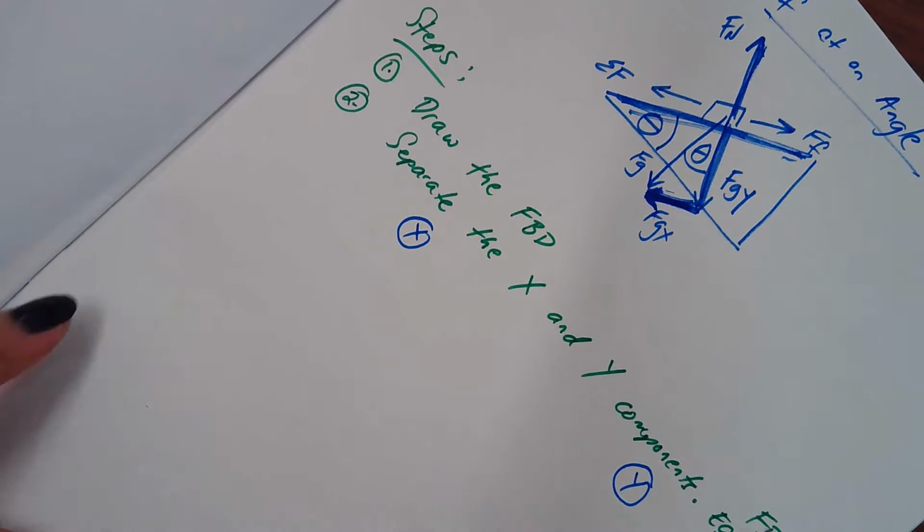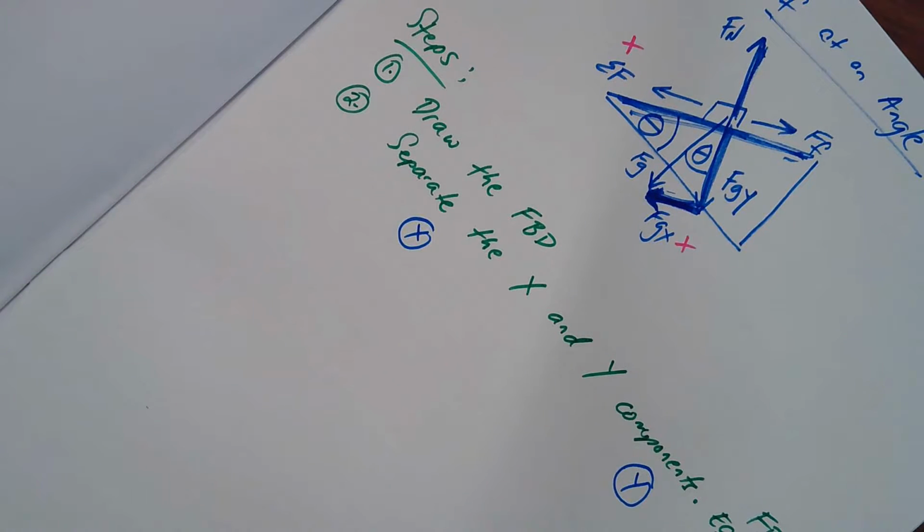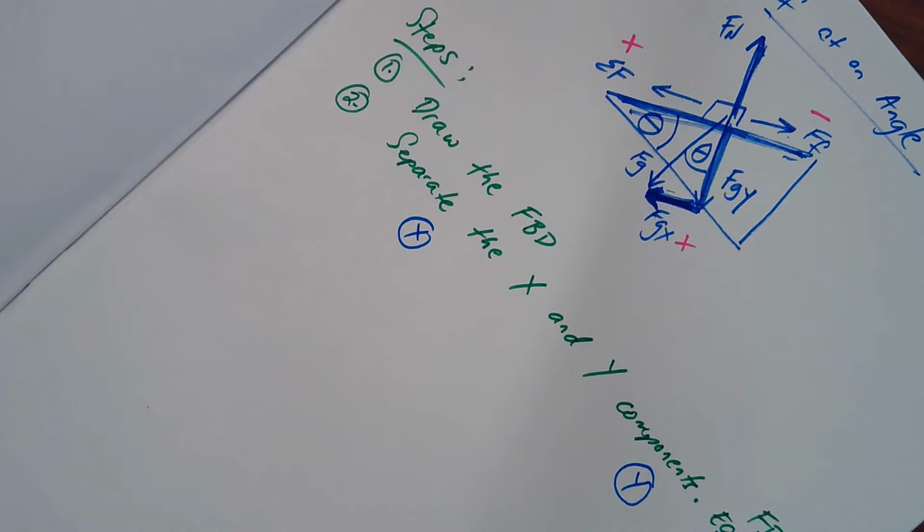Always start with the net force because that would be the potential motion, right? So that's the positive. What else would be positive? FGX. Anything else in the X component? Okay, that's it for the positives. The other one would be opposite, so it's got to be the opposite of the positive, which is negative. We okay with that? Okay, so that's the X component.